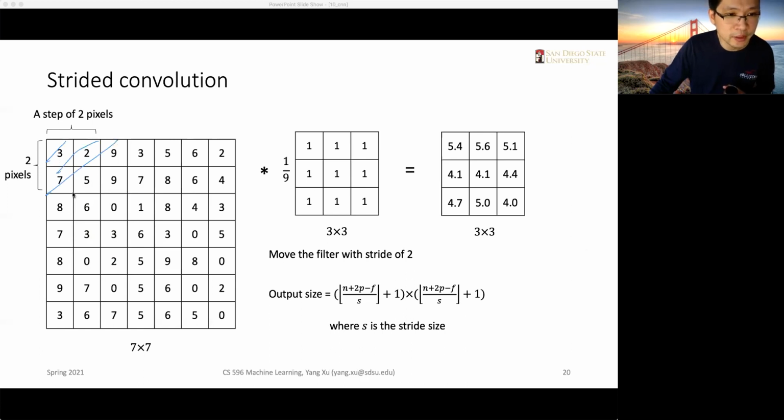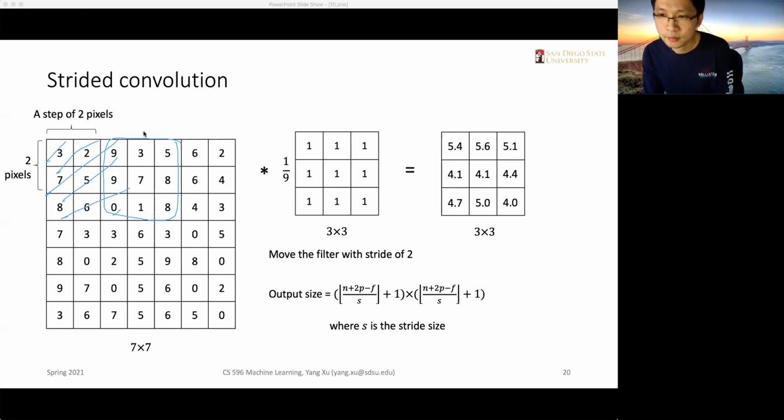That will be our first step, then the second step, and then the third step will not be valid. So such a step we don't do, and the output will be a 2 by 2.